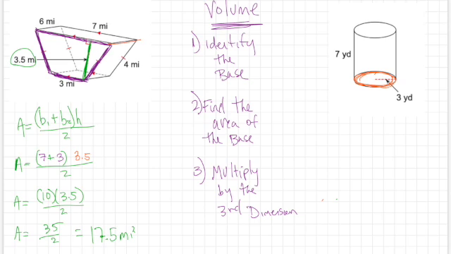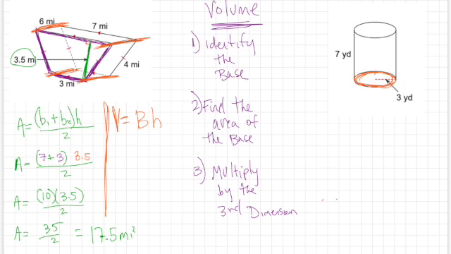Now we've got to see how deep that is, how much space that would take up by multiplying it by that dimension. So the volume, I always call it the base shape times that third dimension, which I'm going to call height again. And even though we used it right there, we can use it again.